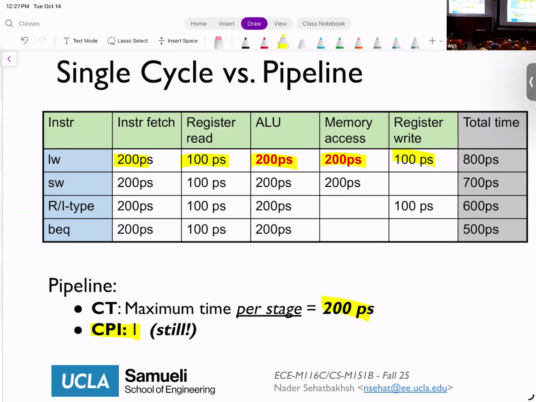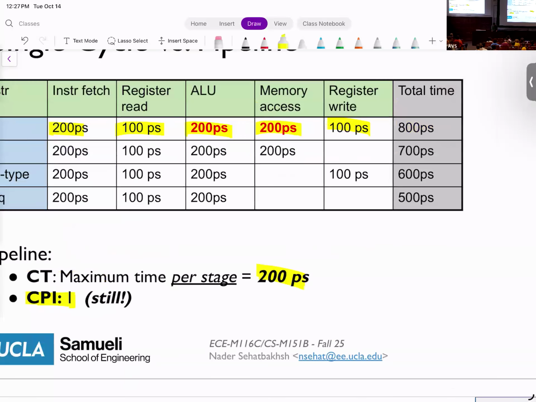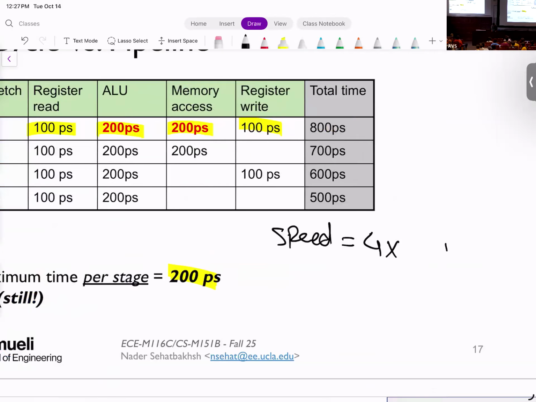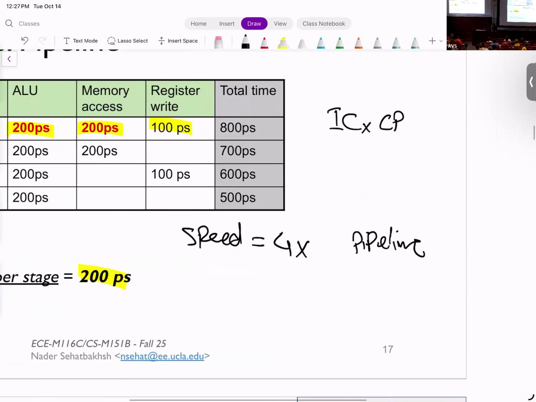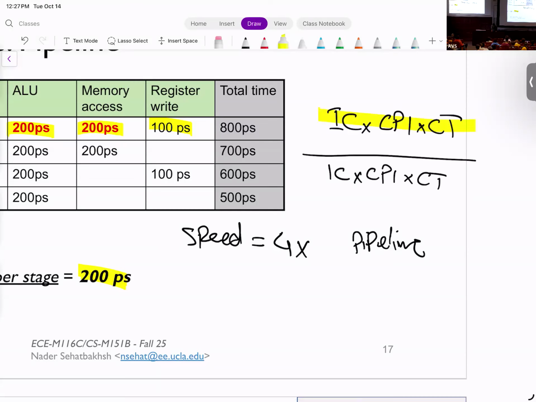So if I use the iron law of the processor, the speedup that I'm going to get is 4x for pipelining. Basically, IC times CPI times CT, over IC times CPI times CT. This one is for pipelining, and this one is for your regular single cycle.